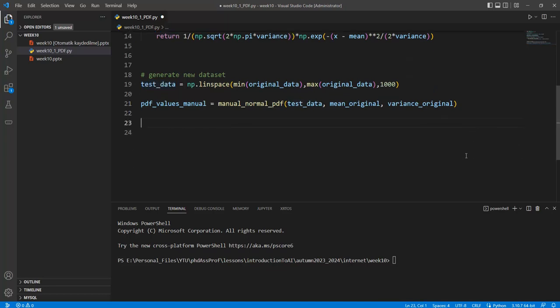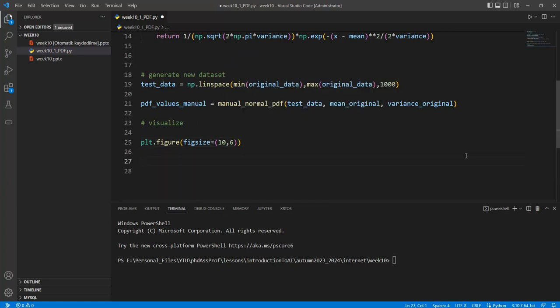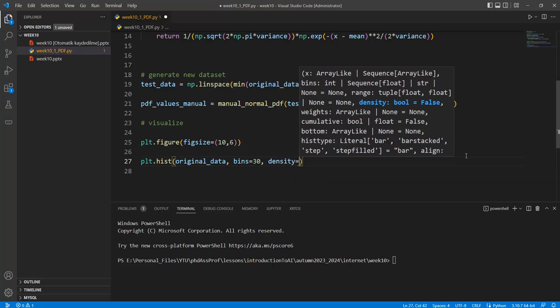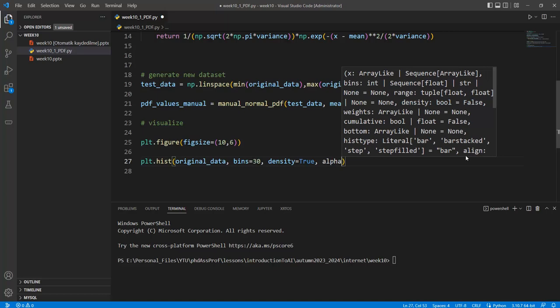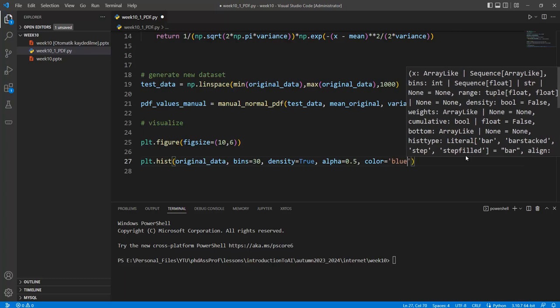And so, visualize. plt.figure, like this one, figsize 10 by 6, and we need to give the histogram values of this data. plt.hist of the original data, bins 30, density is True, alpha 0.5, color is blue, and label is equal to original data.